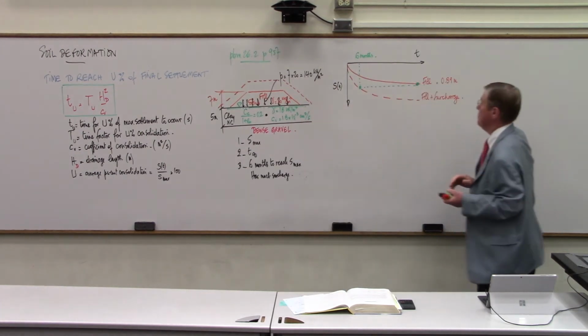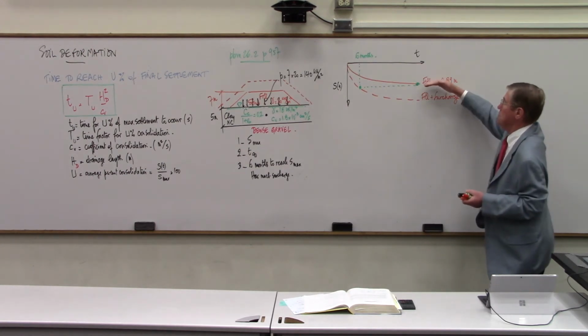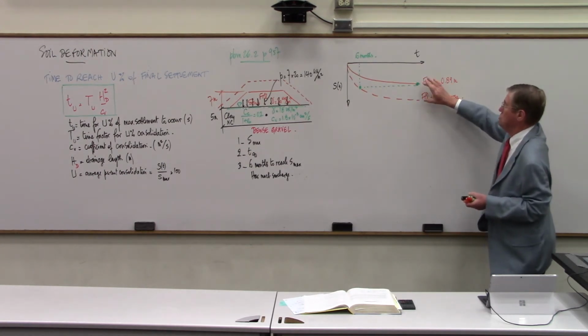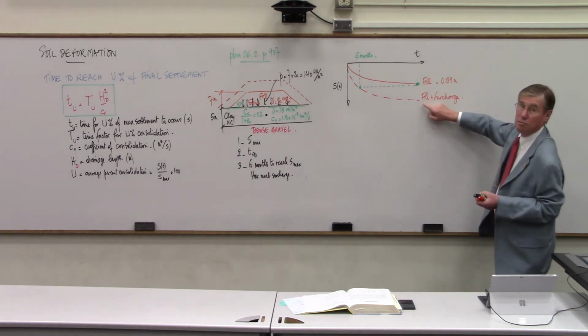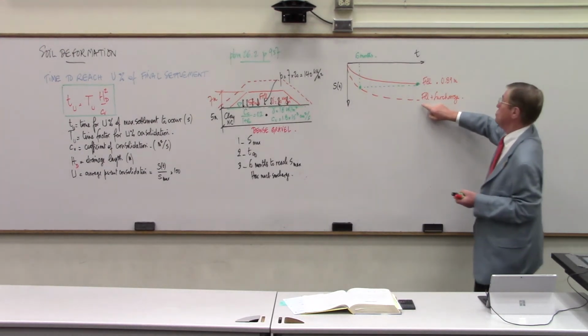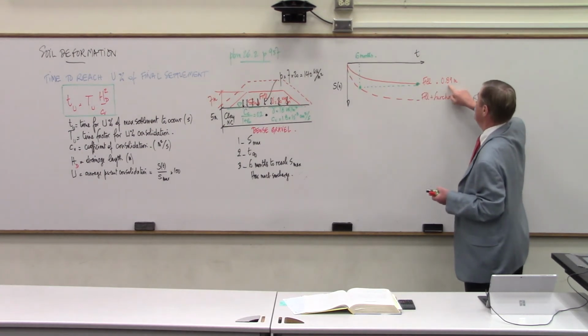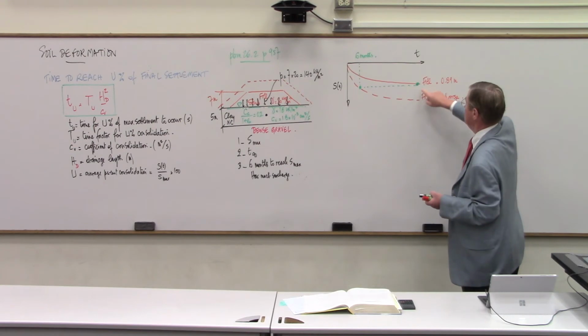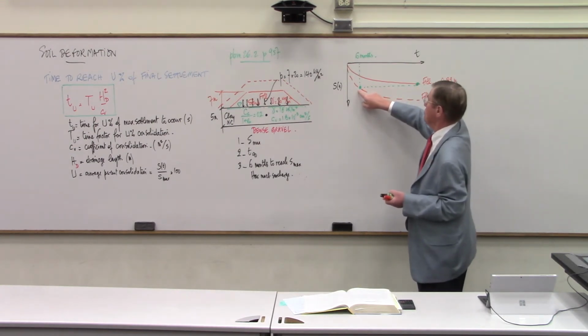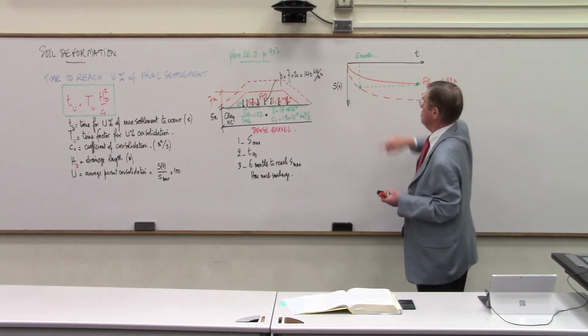Okay? So yes, the amount of load that you put doesn't change the amount of time that it takes, but it does change the magnitude of the settlement. And so if you're trying to get 0.9 meters, but it takes 341 days, you can add a surcharge, and you're going to reach that settlement much earlier.